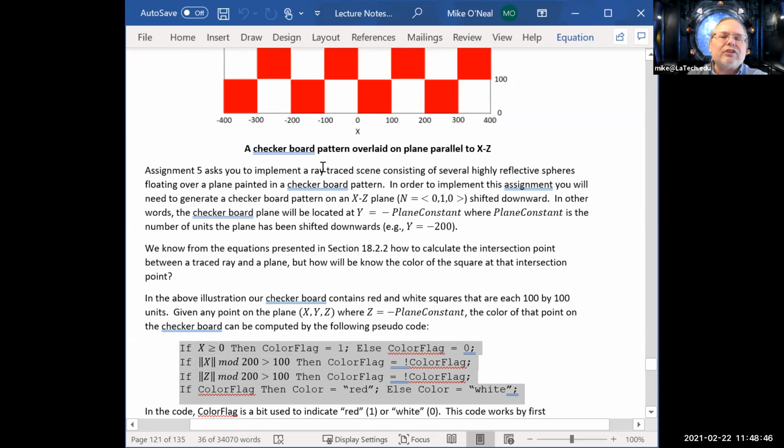No, so I don't flip the color flag. I started at white, I'm at 250, and I stay white. If I had been at 350, I would have flipped again, because 350 mod 200 is 150, and 150 is greater than 100, so that flips the flag from white to red in this case. See how that works? Okay, now we got the first row down.